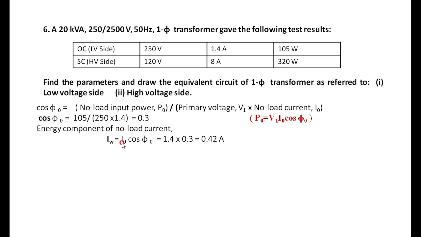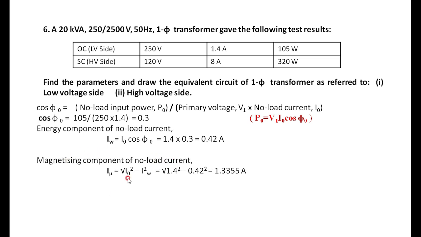That is IW, I naught cos phi naught, which worked out to be 0.42. Similarly, I am calculating the magnetizing component, I mu, which I am getting here as 1.3355 amperes. These are the working component and the magnetizing component of the no load current. From these two and the applied voltage of 250 volts, I am calculating R naught and X naught.